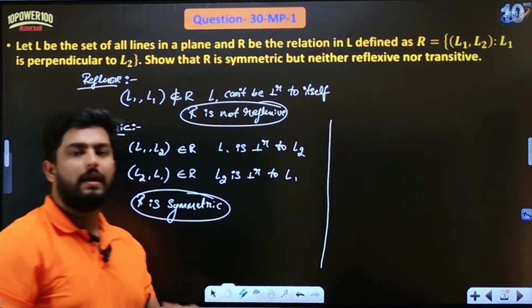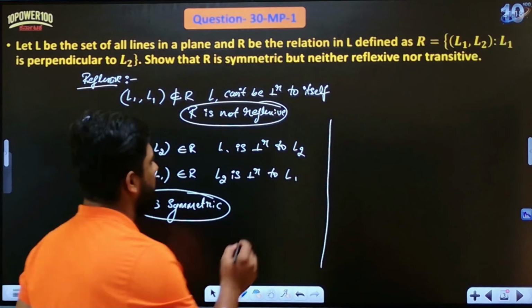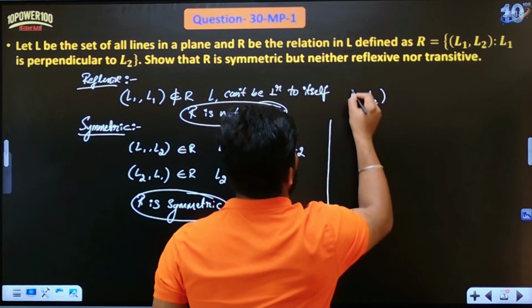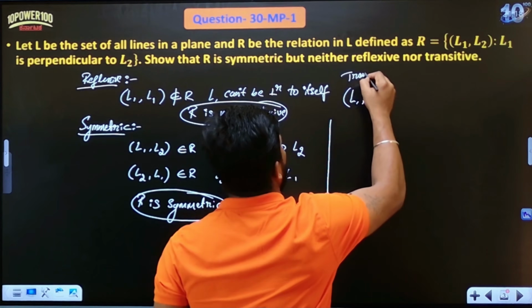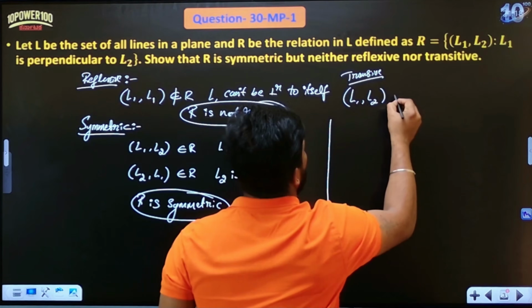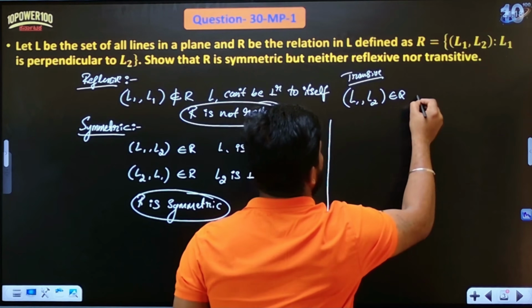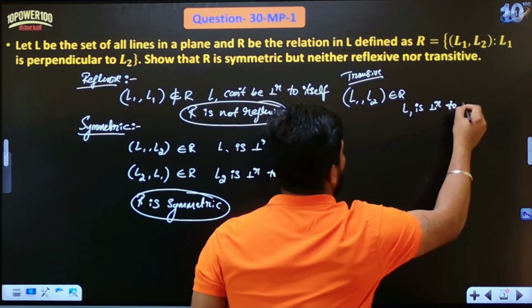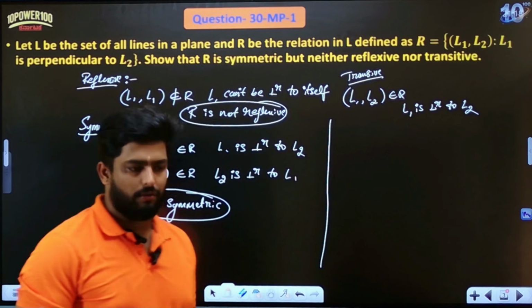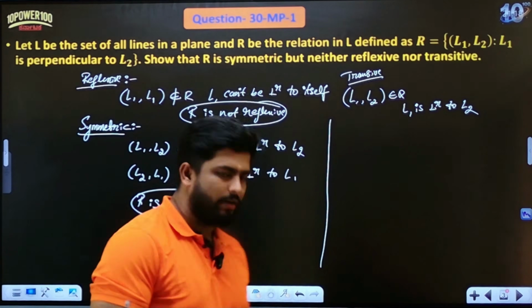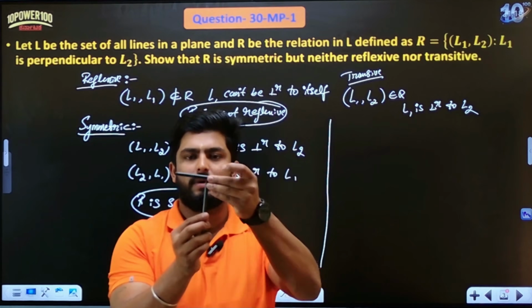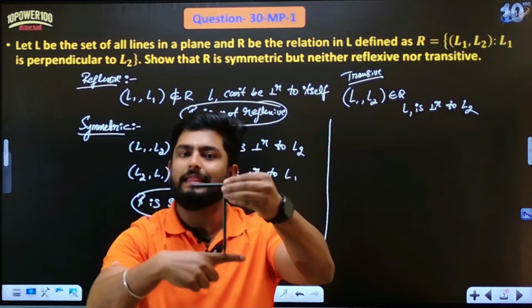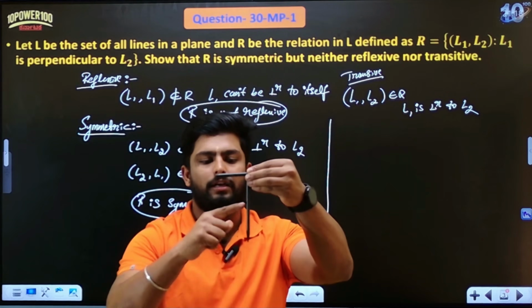Transitive. For transitive we consider 3 lines. The first one is L1 comma L2, which belongs to R because L1 is perpendicular to L2. This is how we'll consider it, children. This is L1 and this is L2, so L1 is perpendicular to L2. Now we'll consider another line, L3, so L2 is perpendicular to L3.